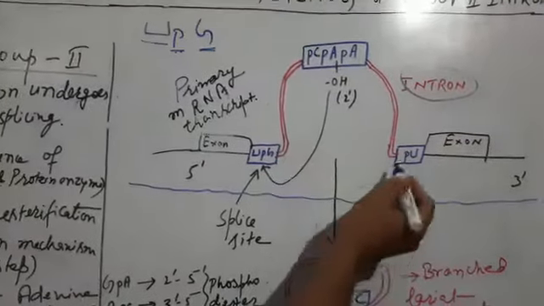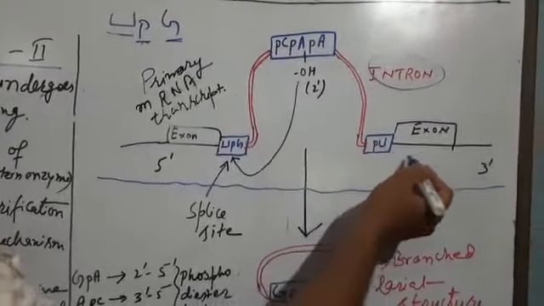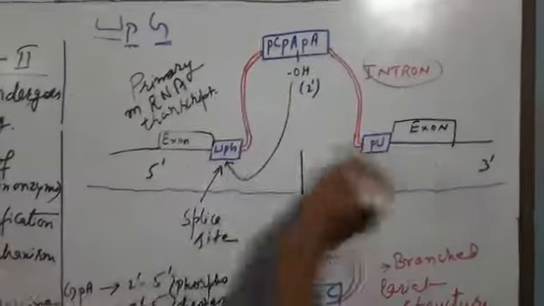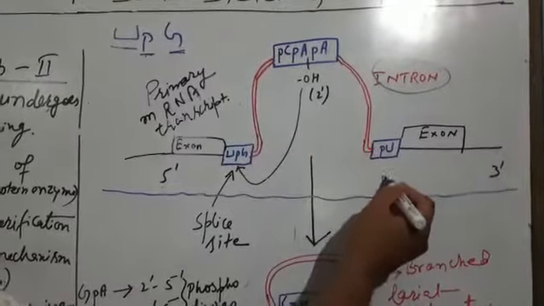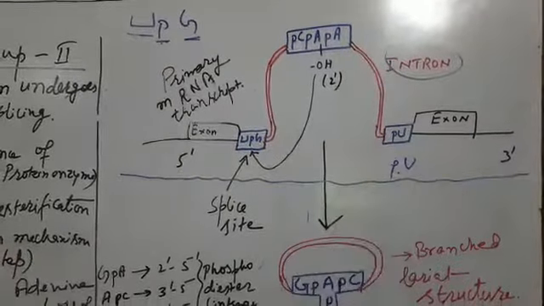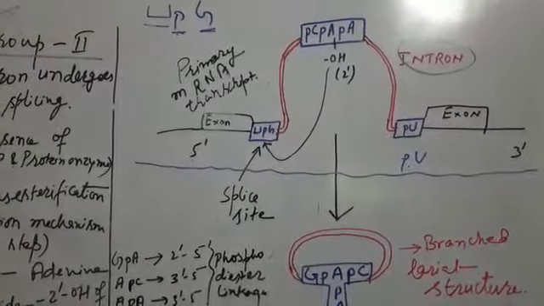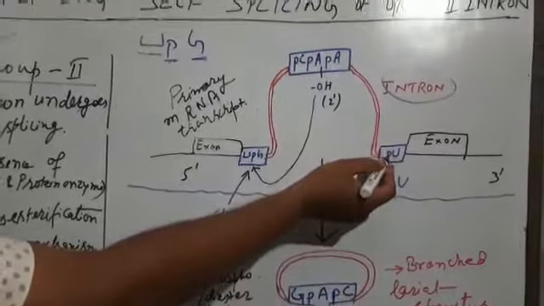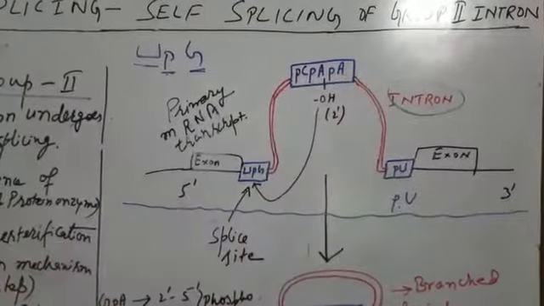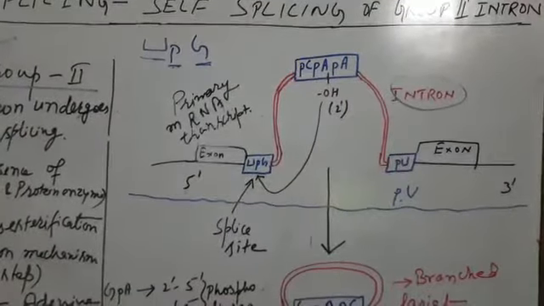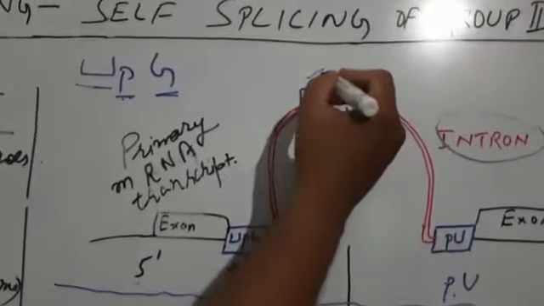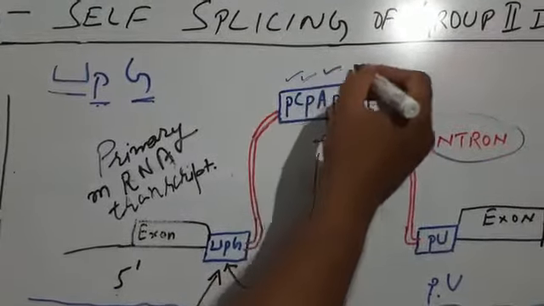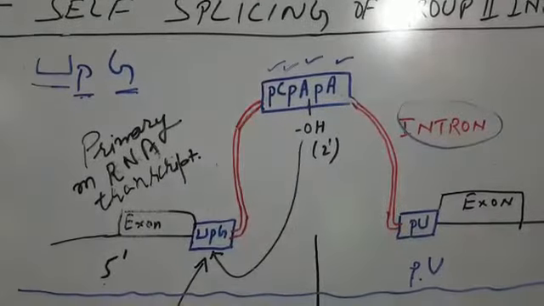And at the junction towards the 3' end, you have a phosphodiester linkage and uracil, and this phosphodiester linkage is attached to adenine, and you have a set of nucleotides here: phosphodiester linkage, cytosine, then adenine, and again adenine.